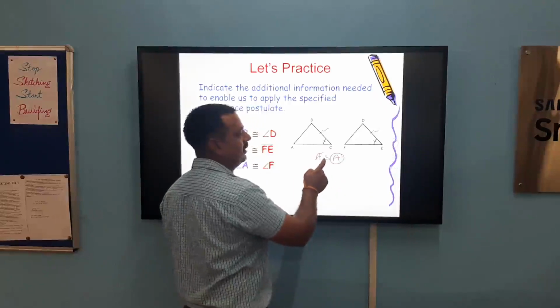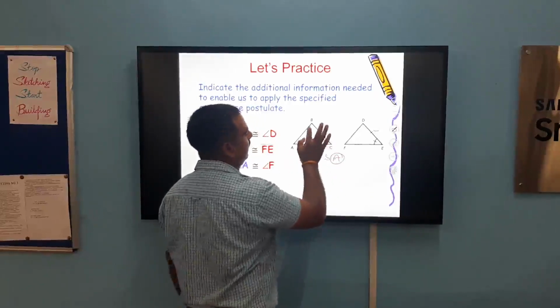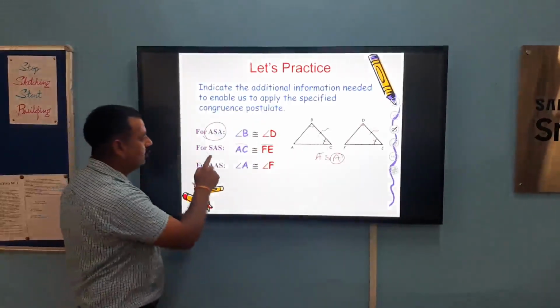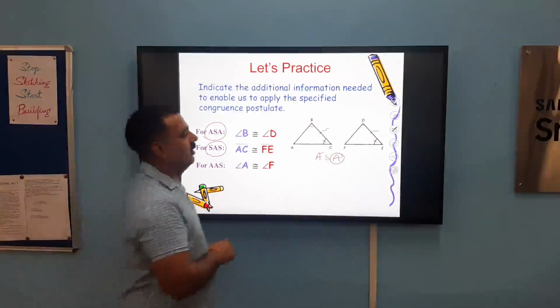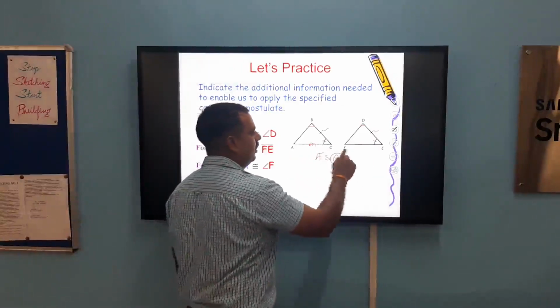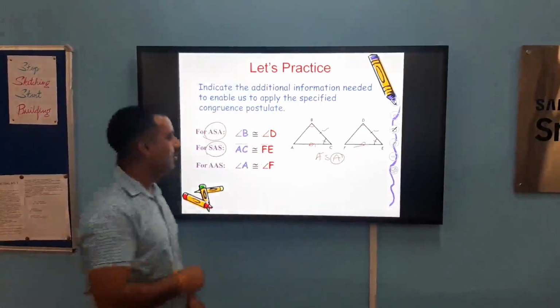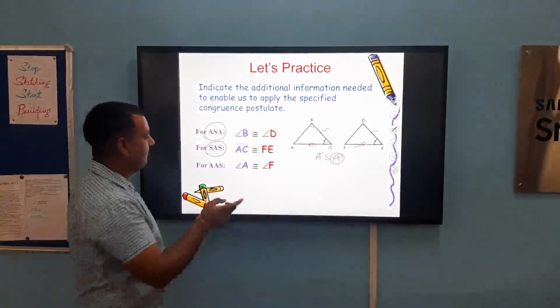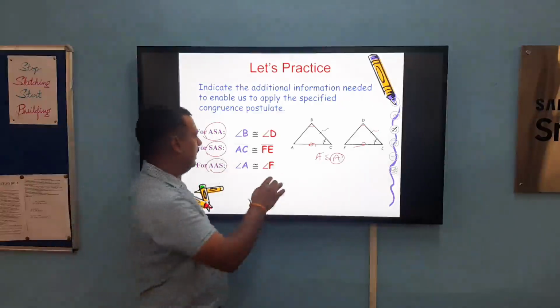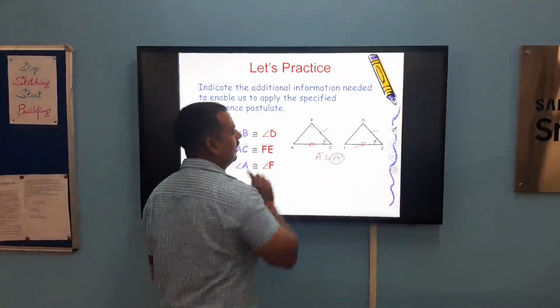This side must be the included side, so we can use angle B and angle D. If we want to use SAS, this angle must be included, so we use AC equal to FD. And if we use AAS, then we can take angle A equal to angle F.